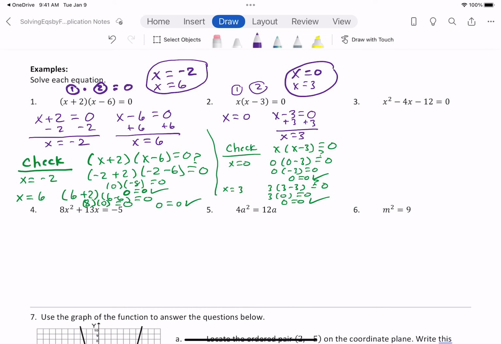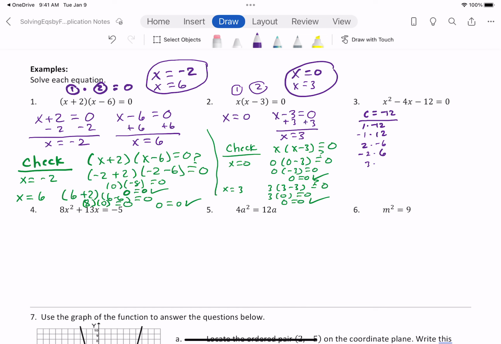So you remember for these, all we had to do was determine that c is -12. And then we're going to list the factors of -12. So we could have 1 times -12, -1 times 12. We could have 2 times -6, -2 times 6.